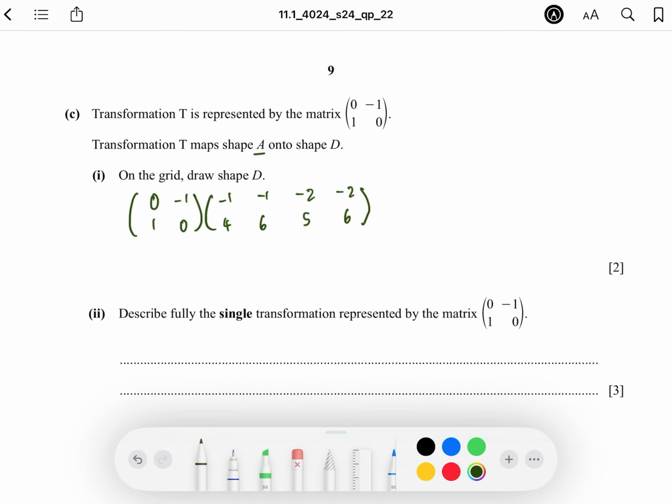Okay, simplifying that one, 0 times minus 1 is 0, so minus 4, minus 1, and here would be minus 6, minus 1, minus 5, minus 2, minus 6, minus 2. That's your multiplication of the matrix.